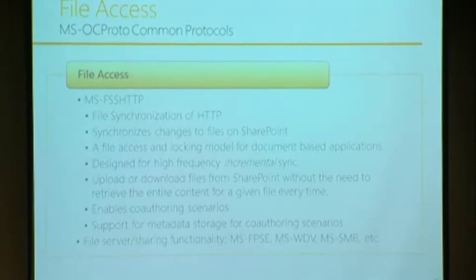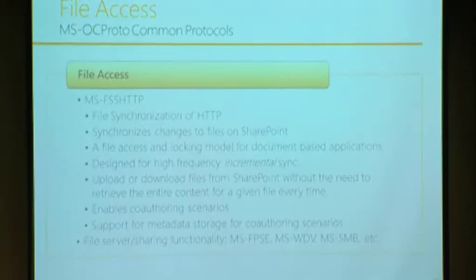It's actually a set of three protocols, FSSHTTP, there's a DWS and a B. It's basically the document that ends with B and D. And what it does is it synchronizes file changes on the SharePoint server.